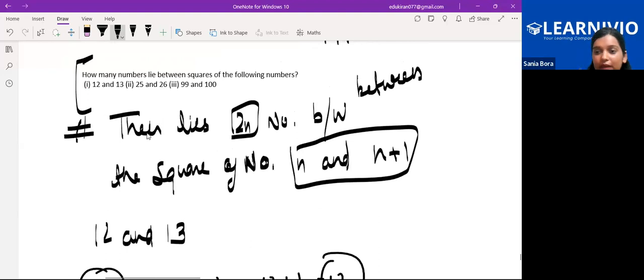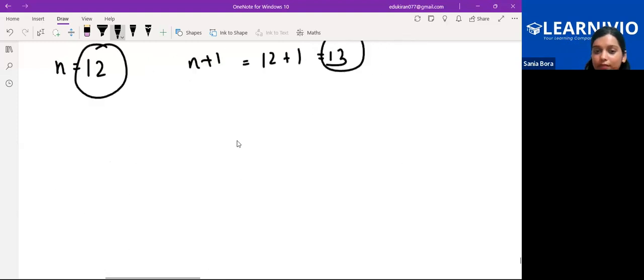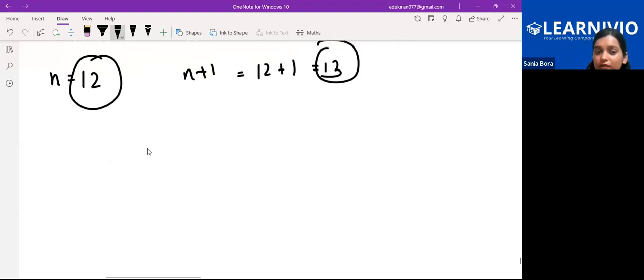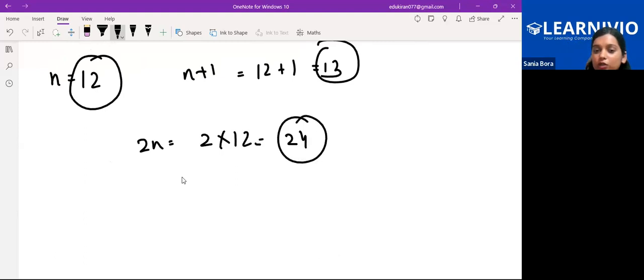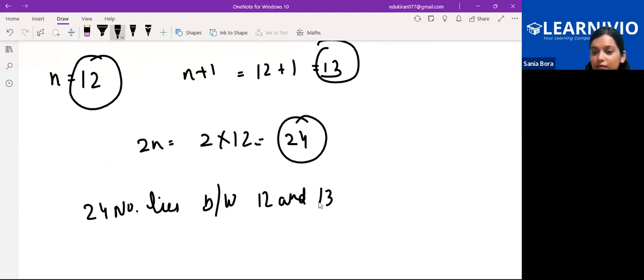If it is 12 and 12 plus 1, then how many numbers lie in between? 2n. So what is your n? 12. So 2n would be 2 multiplied by 12. You get 24. So that means 24 numbers lie between 12 and 13. Clear?